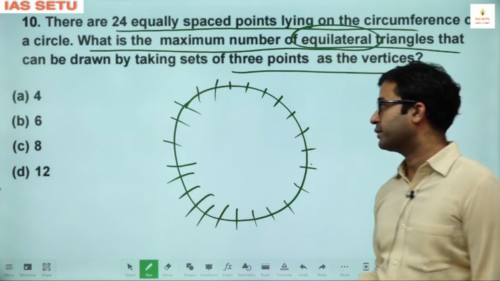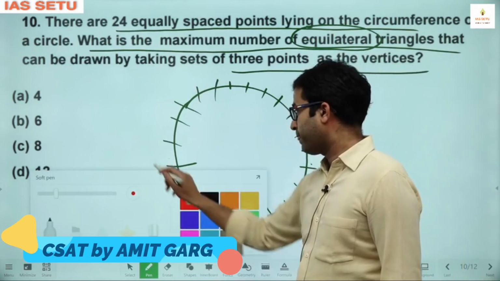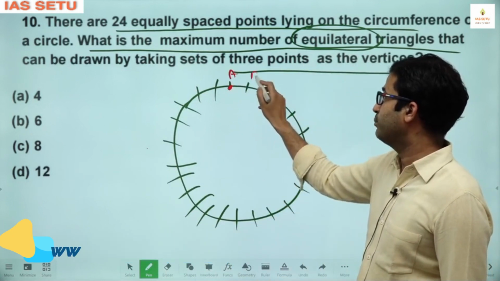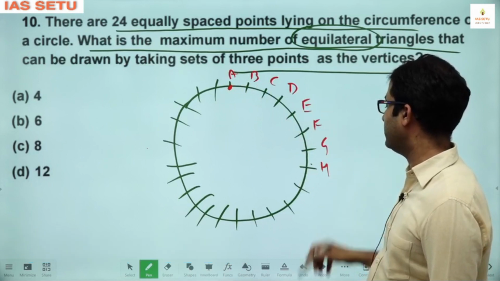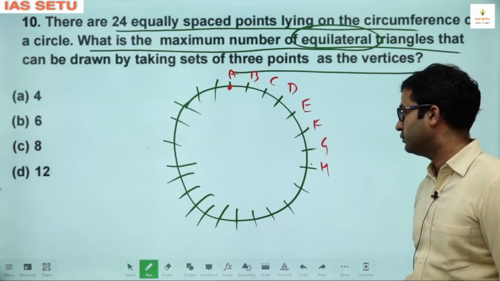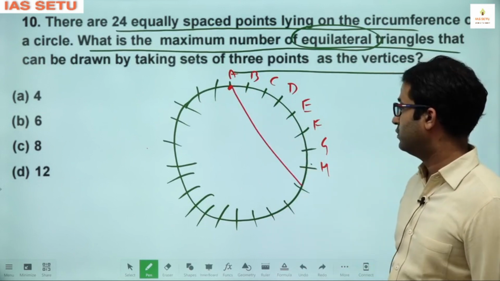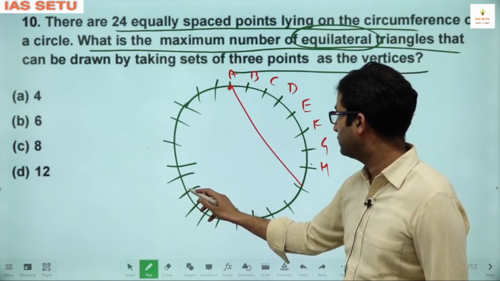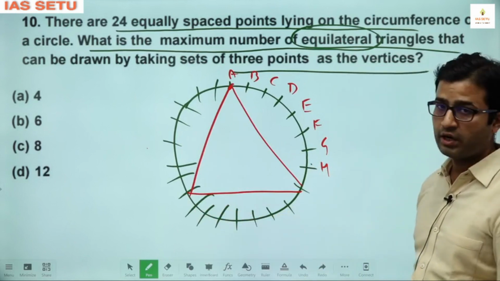This is 24 points. Now, if you start from this point, this is A, B, C, D, E, F, G, H. So here, one triangle will be like this. Diagram not to scale. Red color, 1.